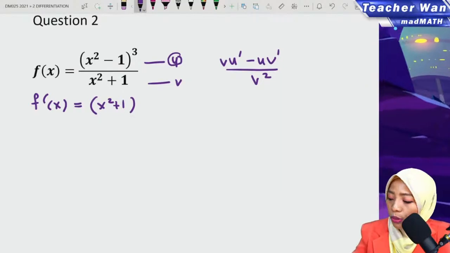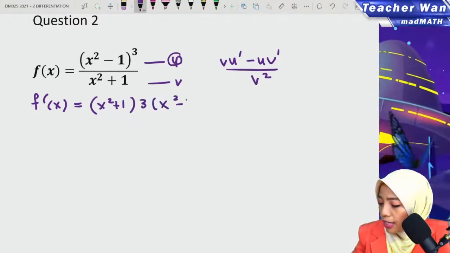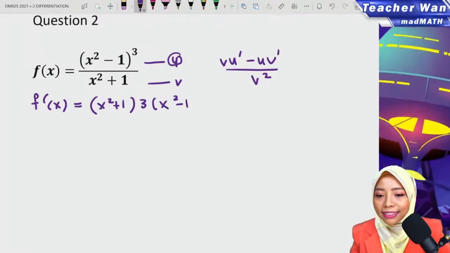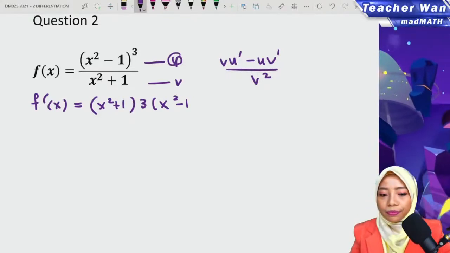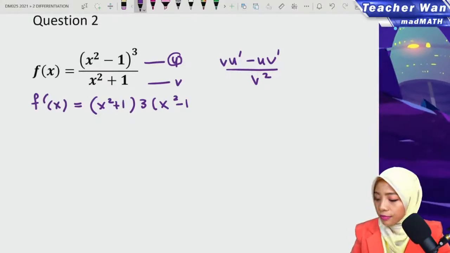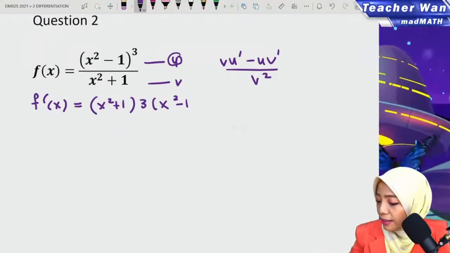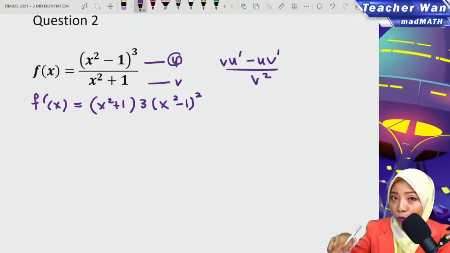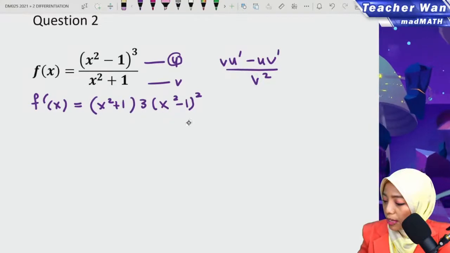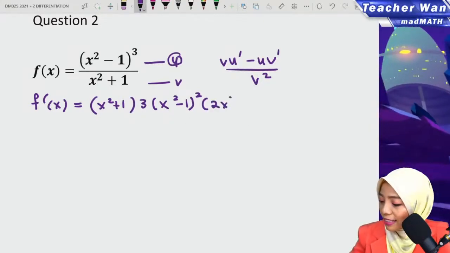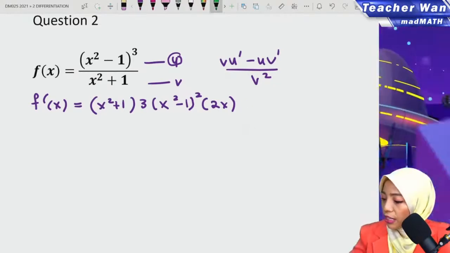So 3 to the front, x square minus 1, 3 minus 1, so becoming 2, and then you don't forget that you are going to differentiate the function inside here. So it becoming 2x, okay, 2x.